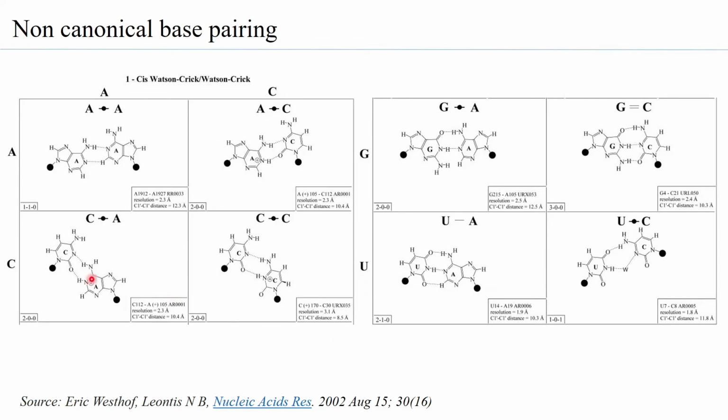These have been observed in various RNA structures. This has been studied through various techniques, such as X-ray crystallography studies or NMR studies, and something called SELEX. They have been able to see such different non-canonical base pairing happening, especially in the RNA molecule.